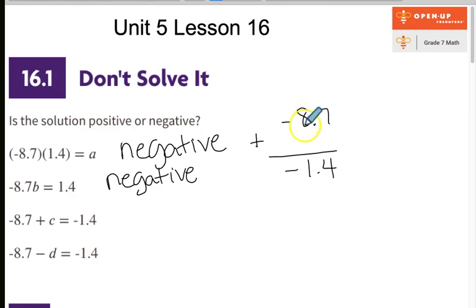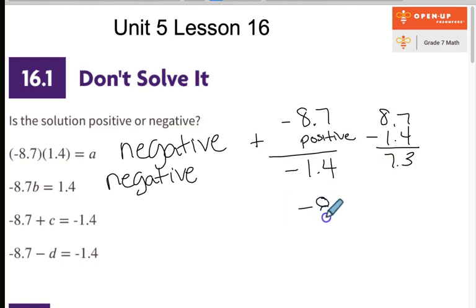So negative 8.7 plus a positive number will leave us with a negative answer. And I could figure out what that was just to prove it. So I could go 8.7 minus 1.4 is 7.3.